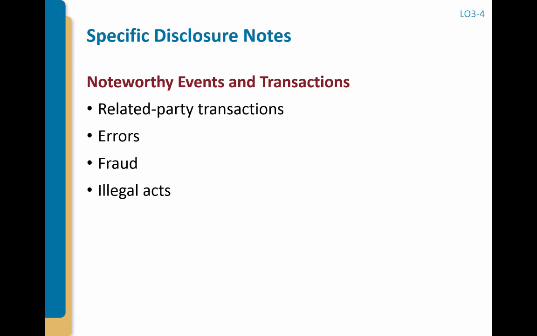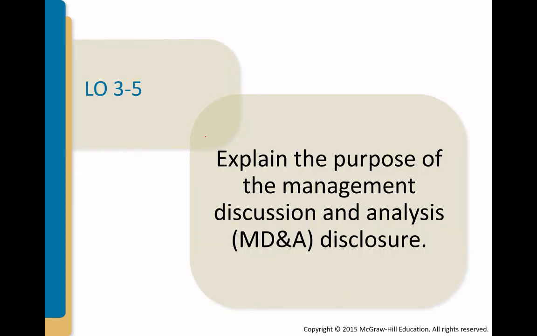Related party transactions are also a very big area, such as intercompany transactions, which is basically if you have a subsidiary. And if there's ever any error, fraud, or illegal acts, this is also very bad. That would give you such a big issue.